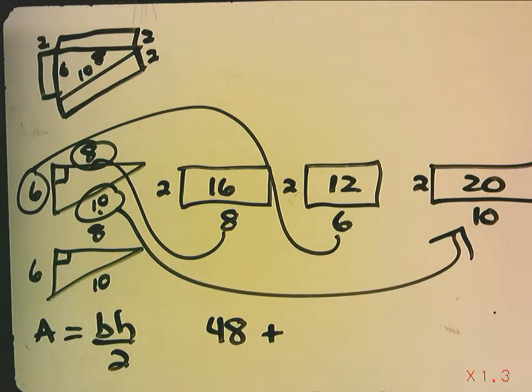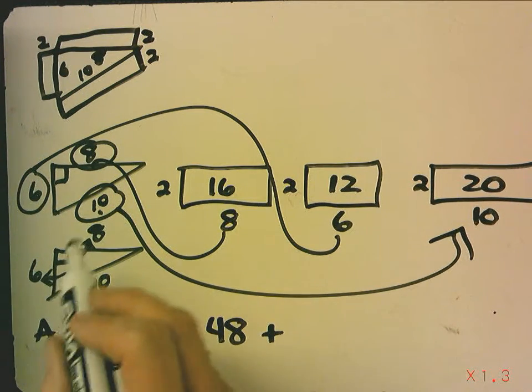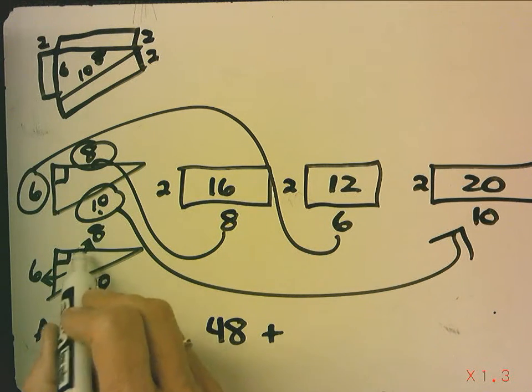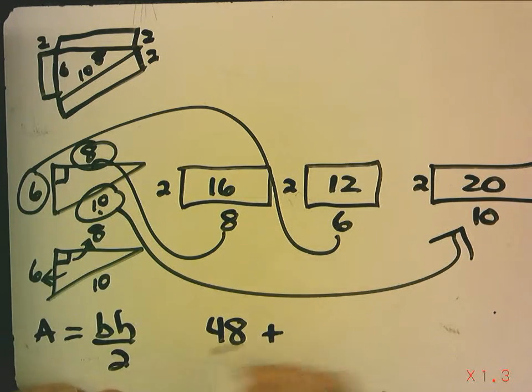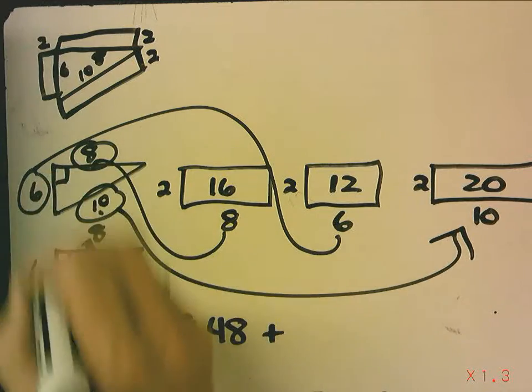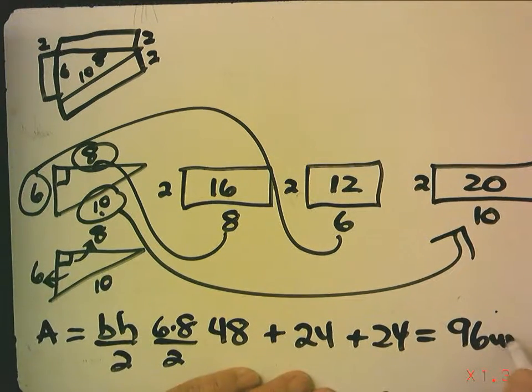When you have a right triangle, your base and height are the sides adjacent to the right angle. You see how 8 is one side of the right angle, 6 is the other side, and 10 is opposite, so you don't use 10 at all. So I do 6 times 8 divided by 2, which is 48 divided by 2, is 24. But I have 2 triangles, so 24 plus 24 is 48. And 48 plus 48 is 96. So this surface area is 96 units squared.